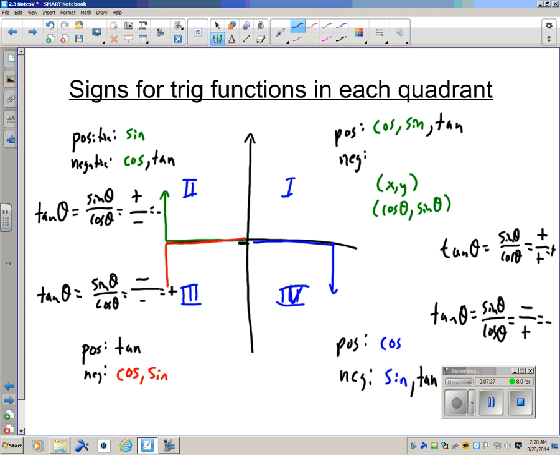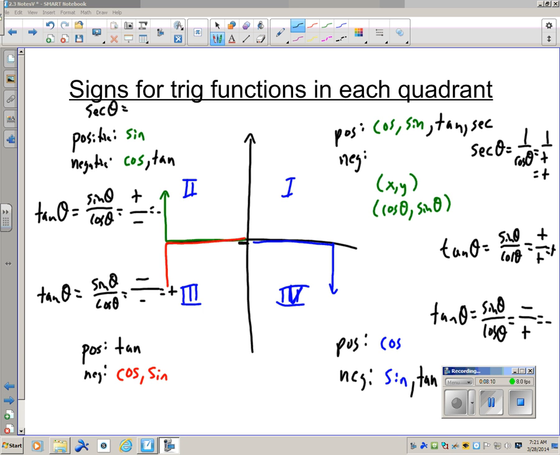Then we can look at secant, the reciprocal. So if your cosine there is positive, we've got 1 divided by a positive, which ends up being a positive. So my secant is also positive.